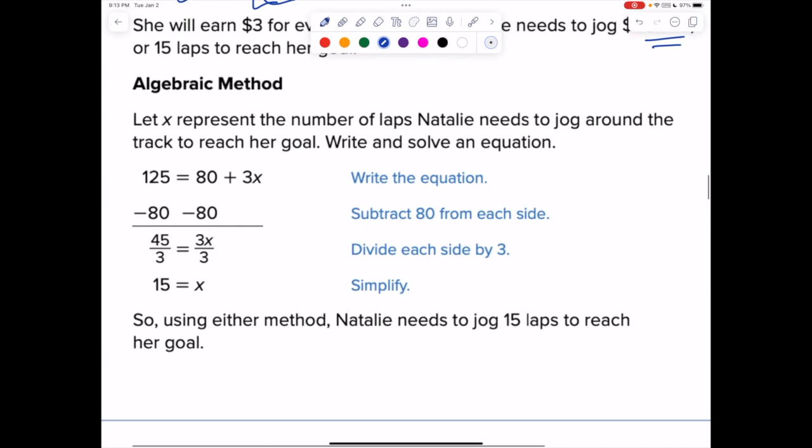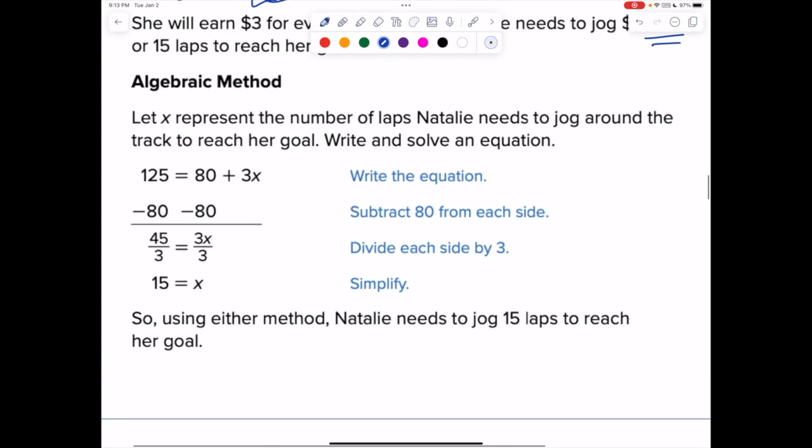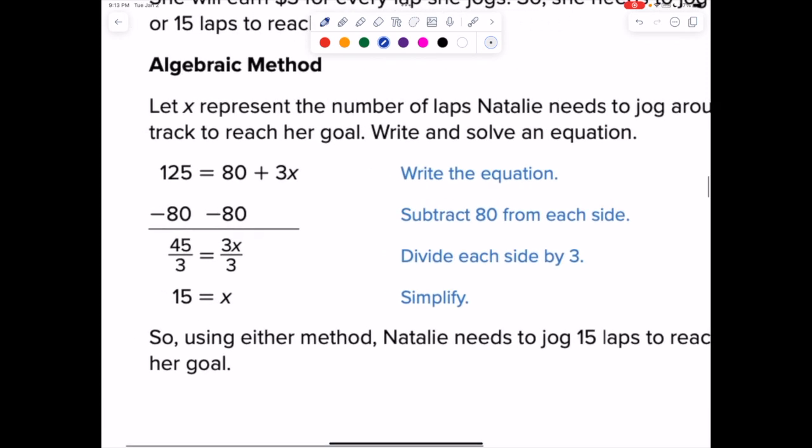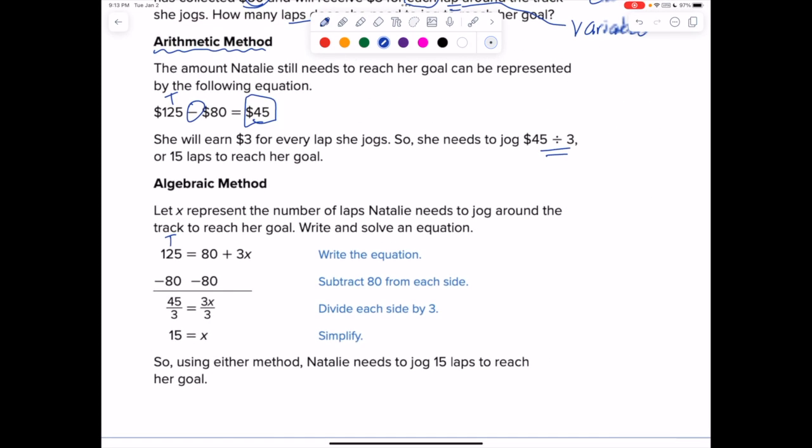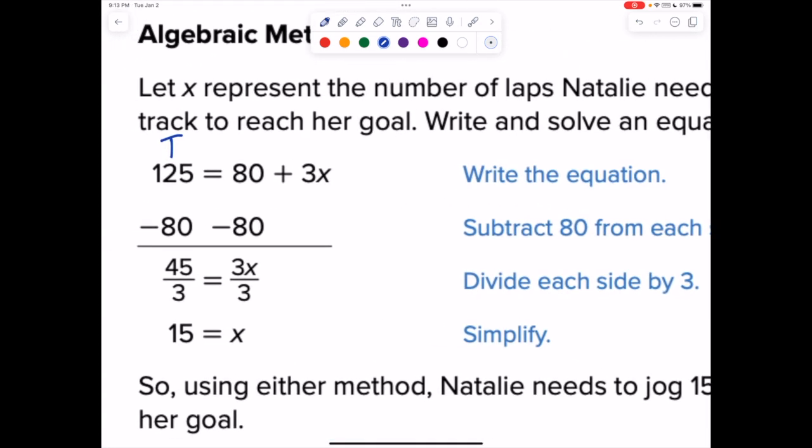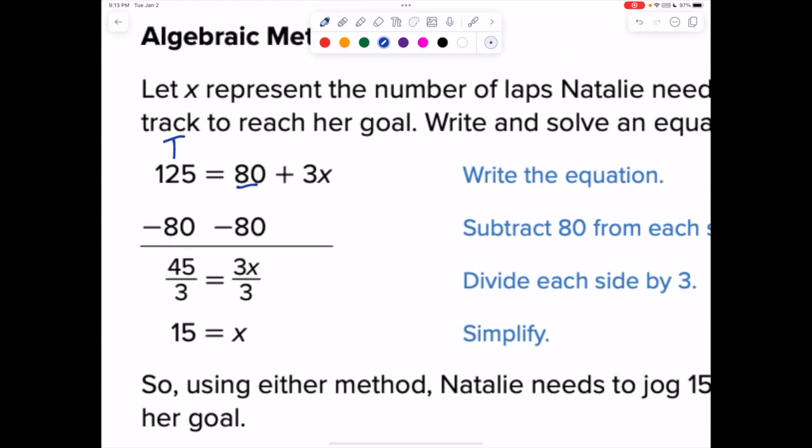This is the algebraic method. If you let X represent the number of laps, then it might look like this. So we have the total, and we just say, well, she already raised $80. And she's going to get the $3 per lap.